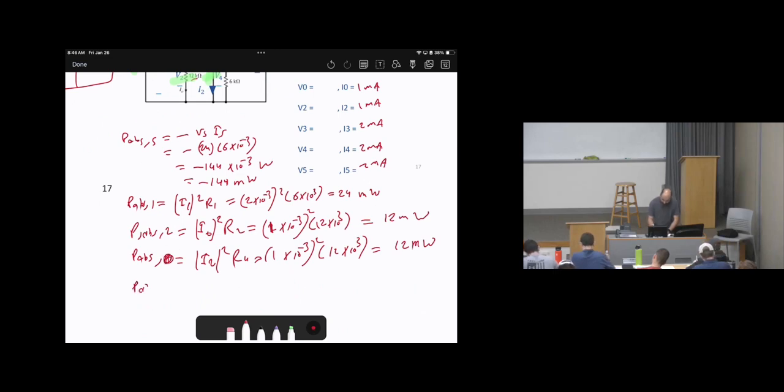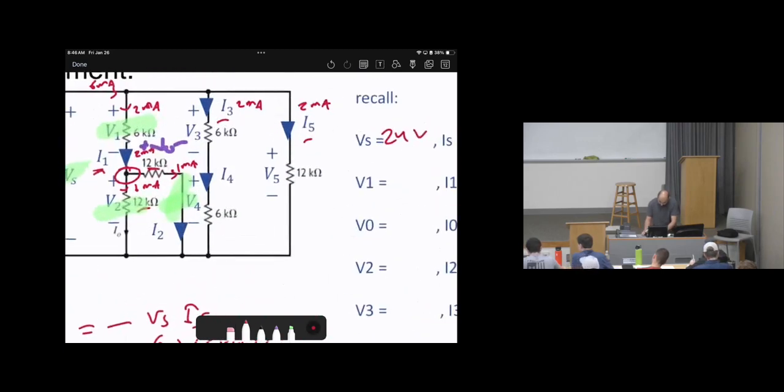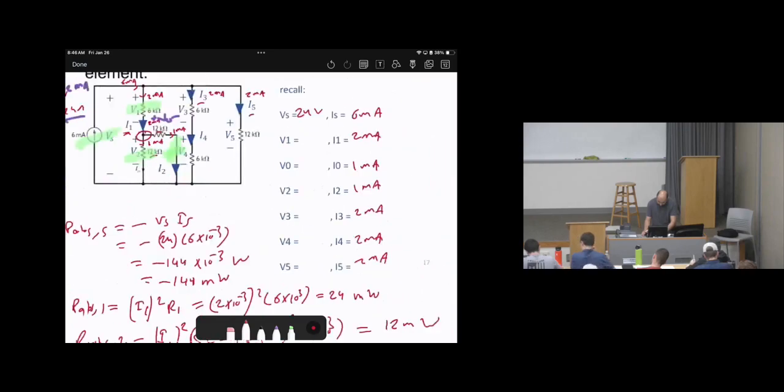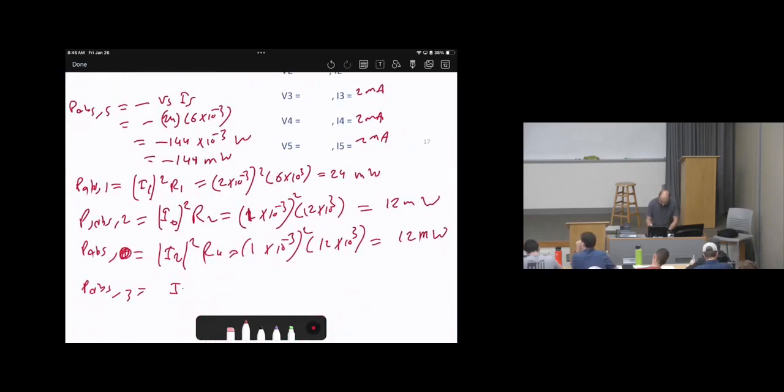Let's do element 3, which is I3 square times R3. I3 square times R3, which is 2 times 10 power negative 3, squared, times 6 times 10 power 3. So the answer will be 24 milliwatts.